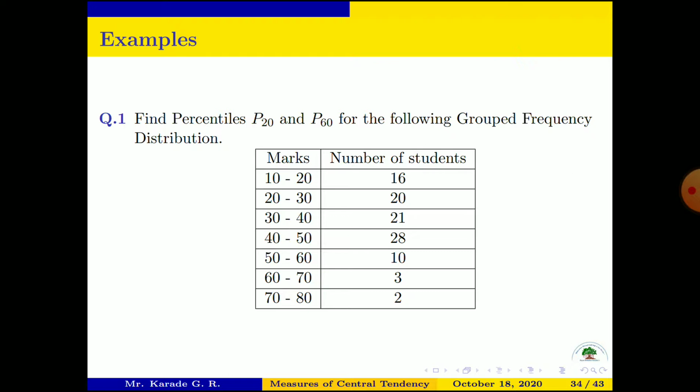To find these two percentiles, we follow the steps given in the previous slide. In the first step, we prepare the cumulative frequency table.